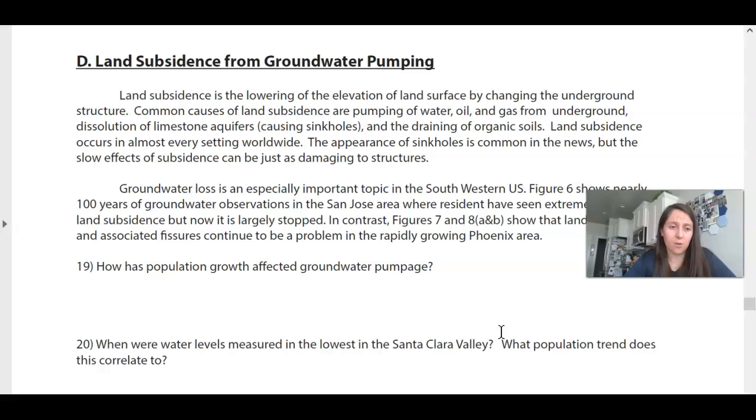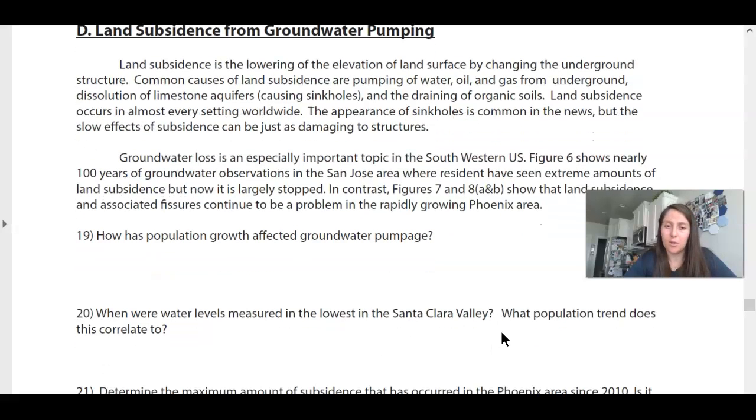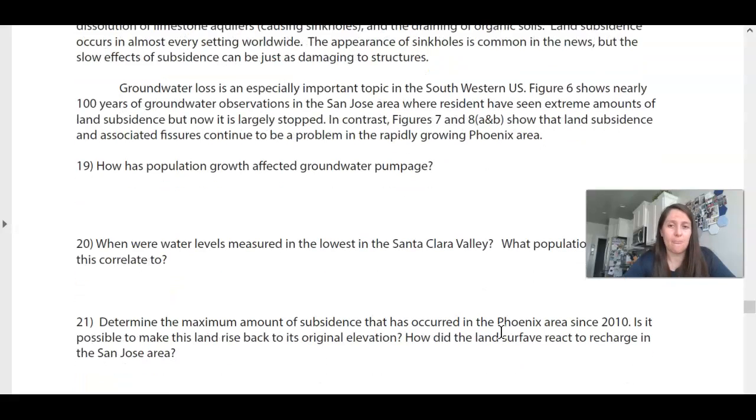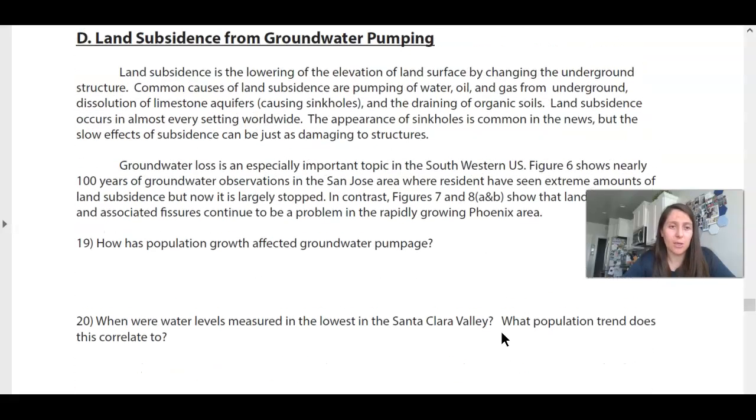Land subsidence occurs in almost every setting worldwide. The appearance of sinkholes is most common in the news, but the slow effects of subsidence can be just as damaging to structures. In fact, I think I tell this in my natural disasters class, if you're interested. Land subsidence actually costs more than, I think, earthquakes, volcanoes, hurricanes, and flooding combined in the United States.